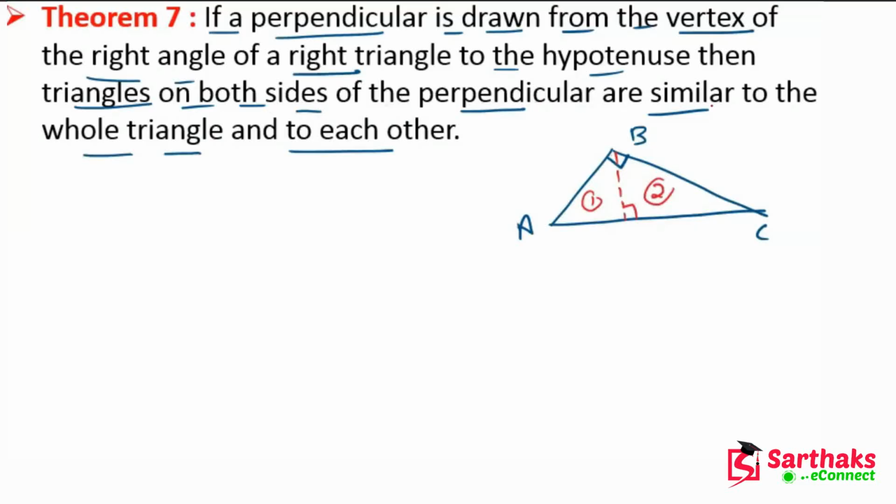The triangles on both sides of the perpendicular are similar to the whole triangle and to each other, meaning both the triangles are similar, and these triangles are also similar to the whole triangle.